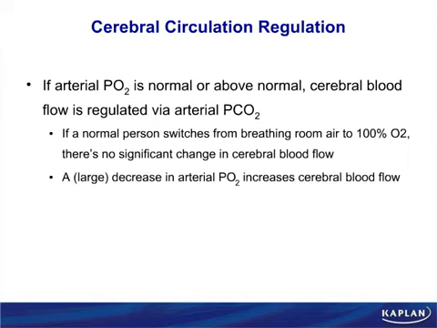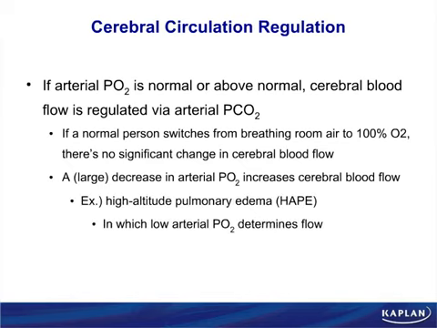On the other hand, if you get a large decrease in arterial PO2, this can markedly increase cerebral blood flow independent of the CO2. So a large drop in PO2 can cause marked cerebral vasodilation and a big increase in cerebral blood flow. Example, high altitude.